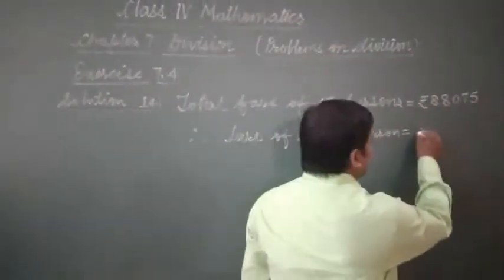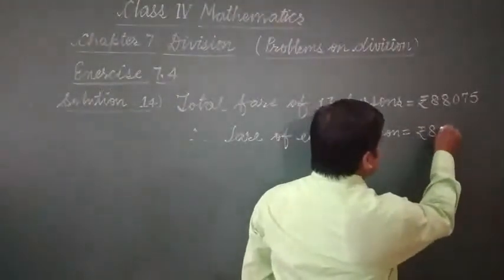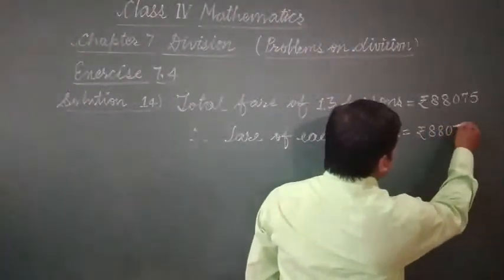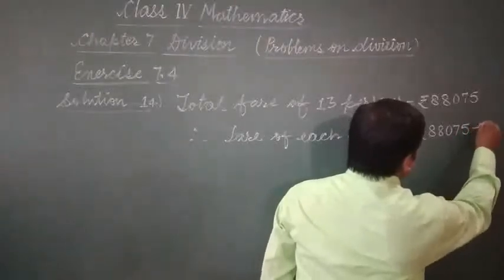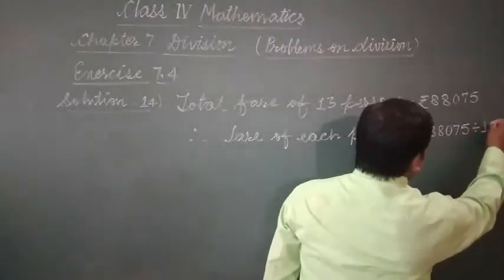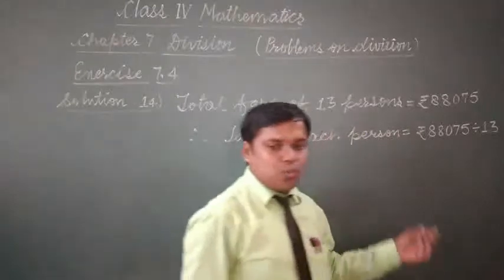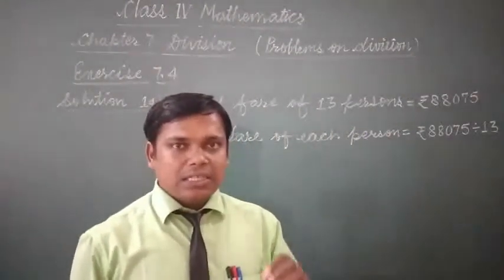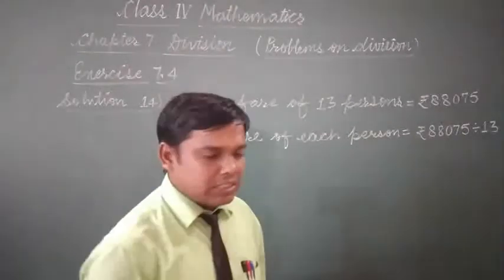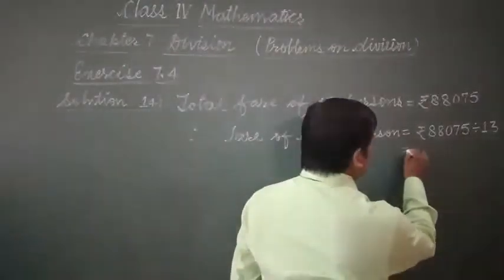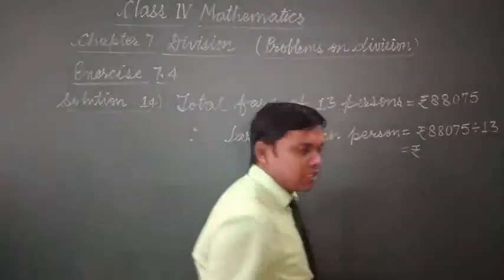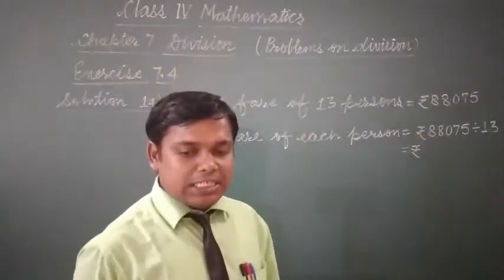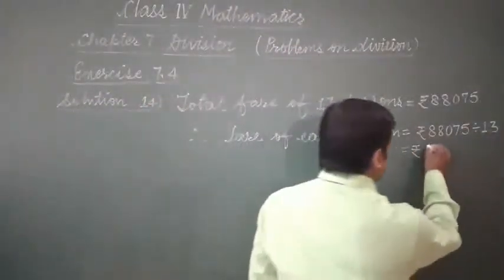So we write rupees 88,075 divided by 13. So when you divide, you will get the fare of each person, and it will come rupees 6,775.